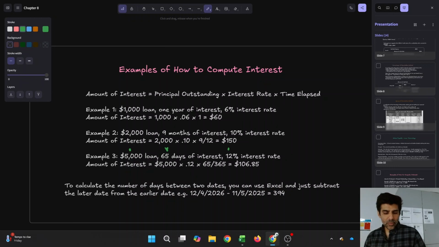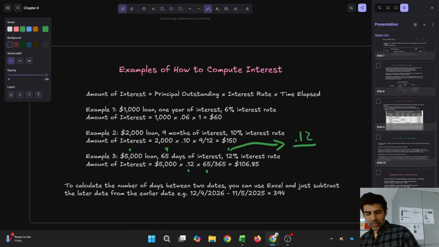One way to do it is to keep your rate as a year and then figure out what fraction of a year 65 days is. You could convert this into a daily rate by doing 0.12 divided by 365, and then this times 65 days. So it's up to you.